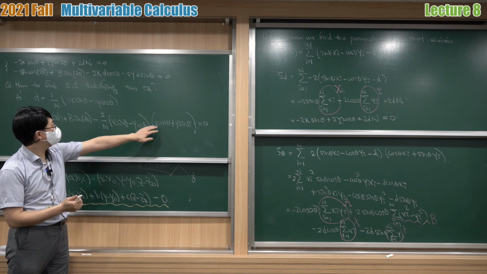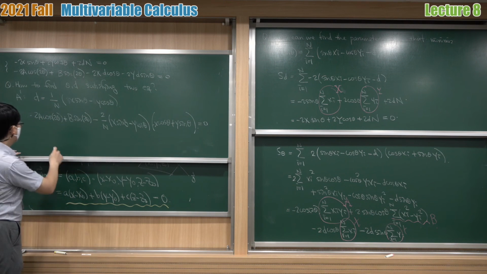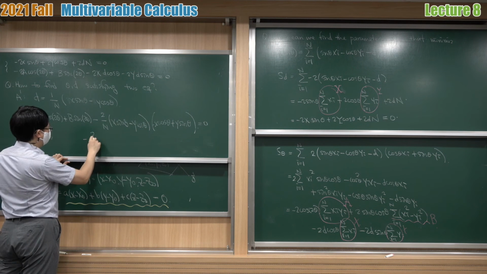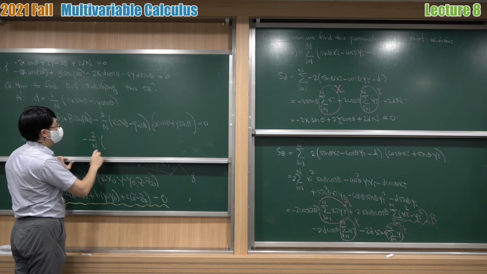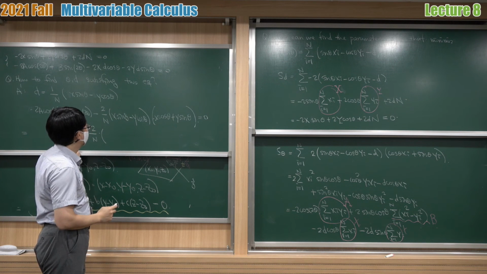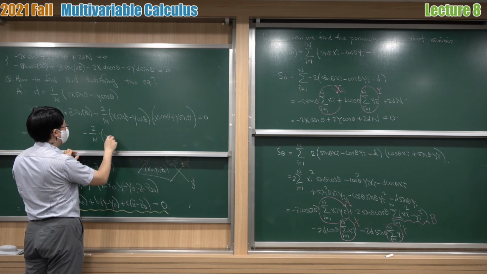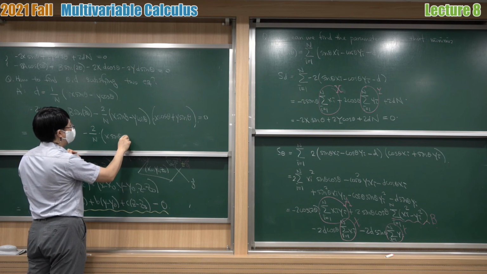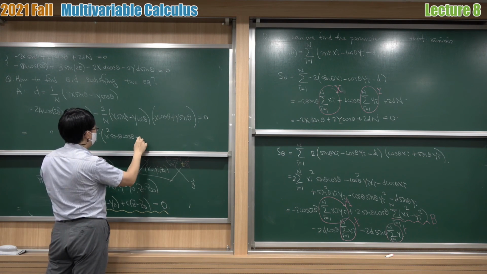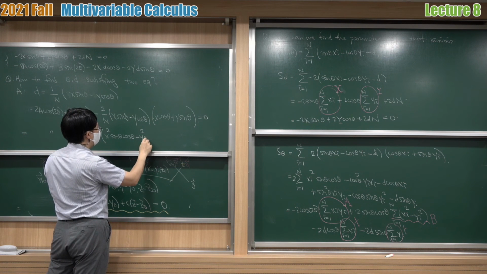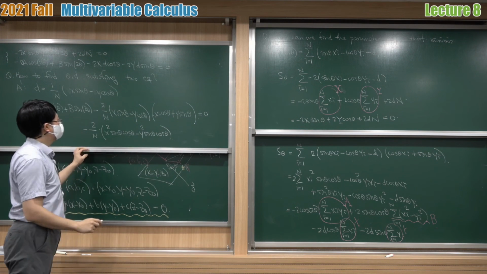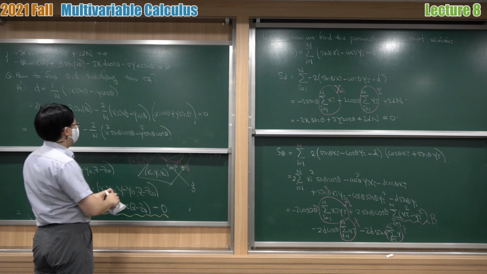Let's try to take the multiplication here. So this is equal to minus 2 over n, and we have x squared sine theta cosine theta, minus y squared sine theta cosine theta, right? And then what?